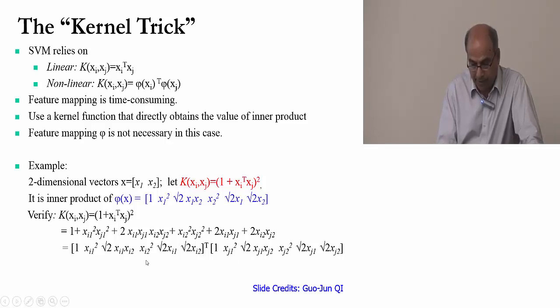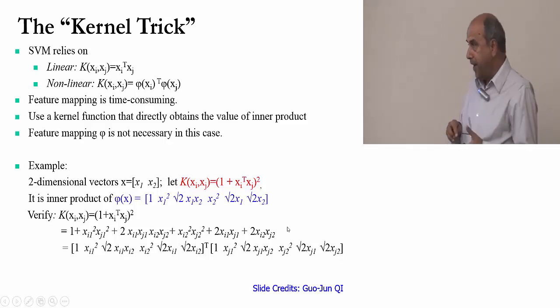And then we have xi2 square and xj2 square, which is here, and then root 2 multiplied by 2 xi1 xj1, and then this final one, 2 xi2 xj2, which is this one.